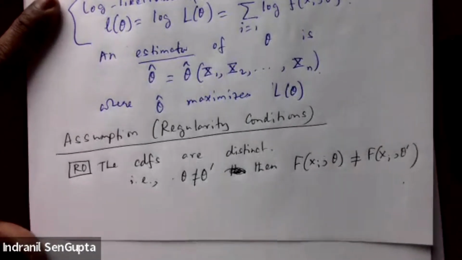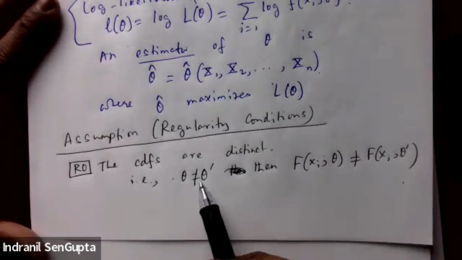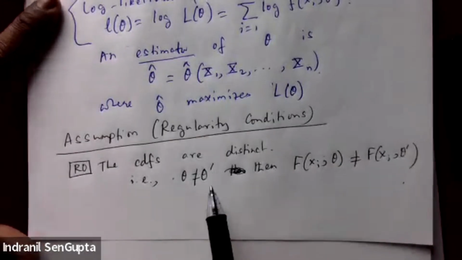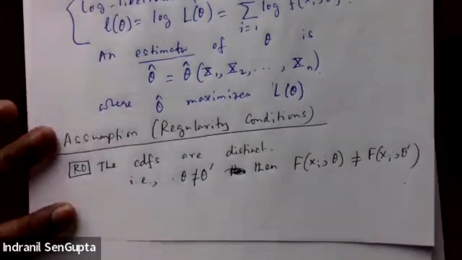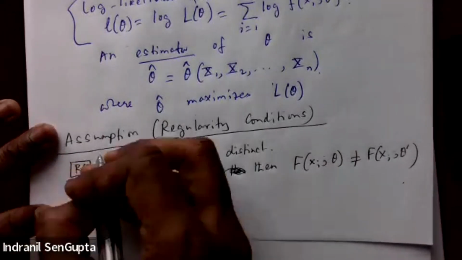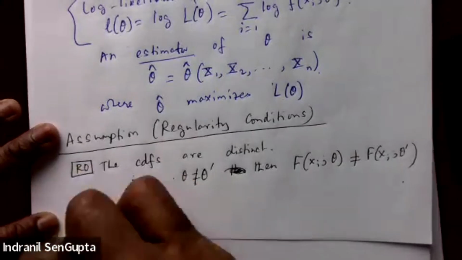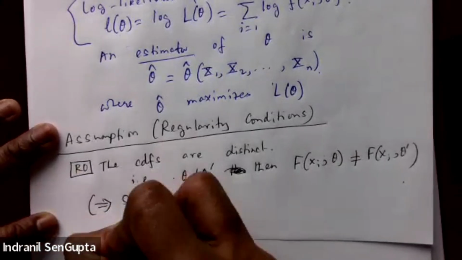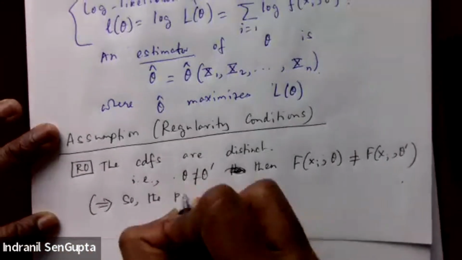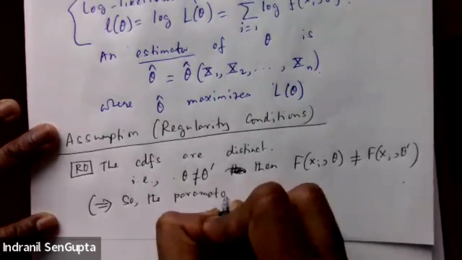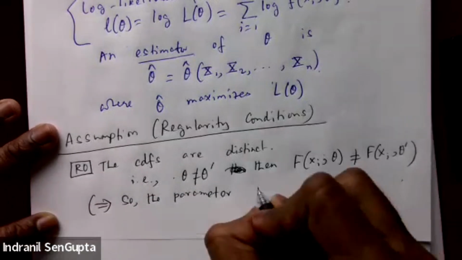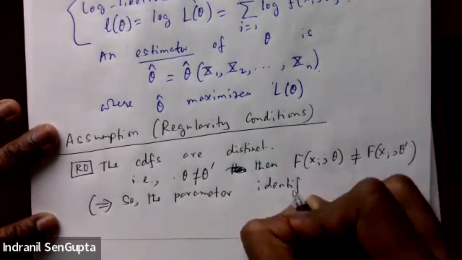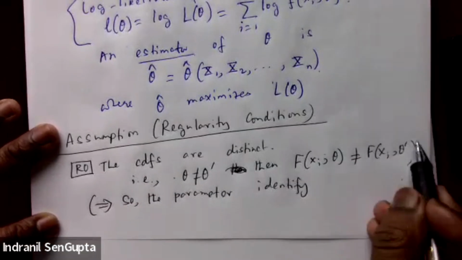Okay. That means if we have two distinct parameter values, then consequently their CDFs are different. So this means that the parameters identify the PDF, because if I differentiate the CDF, I'll get the PDF.